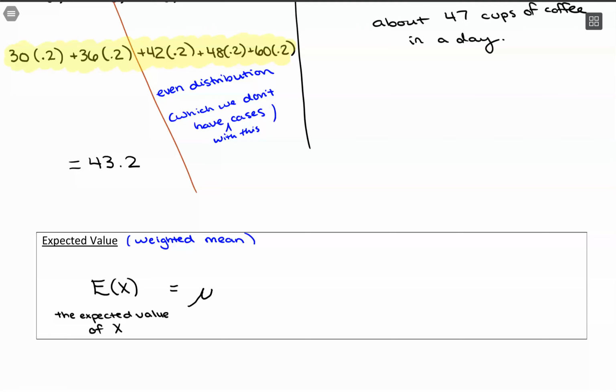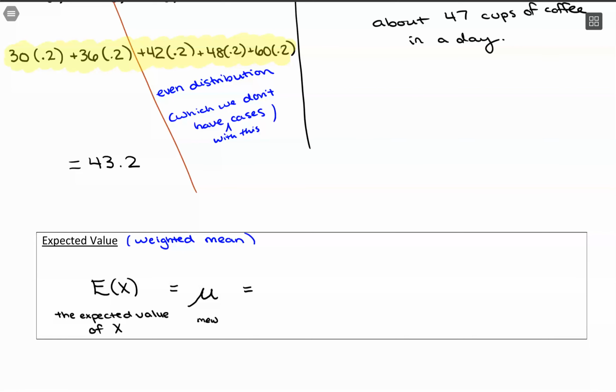It's the symbol mu that comes up when you deal with expected value. So those are interchangeable in terms of notation. You don't need to write out the notation at any point. It's just if they refer to those, it's referring to expected value.